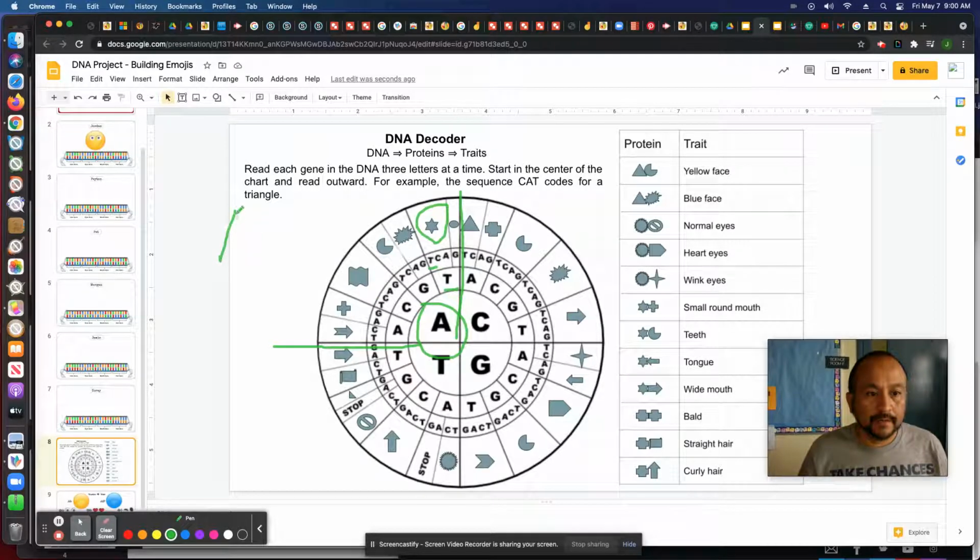Let me write it down here so you guys can see. ATT. From the inward outward, ATT, and then that protein looks like a star, and now we have AGT.